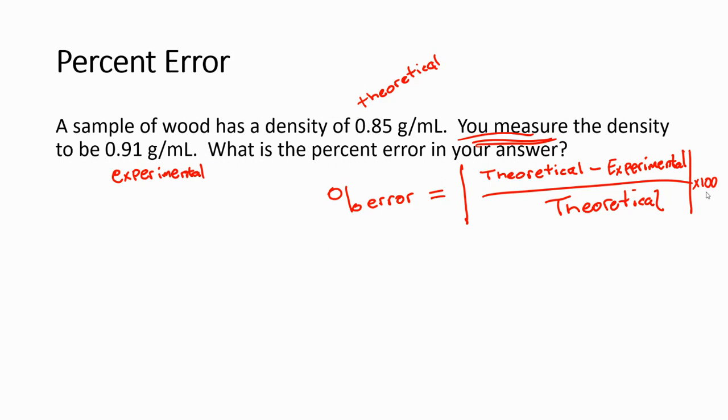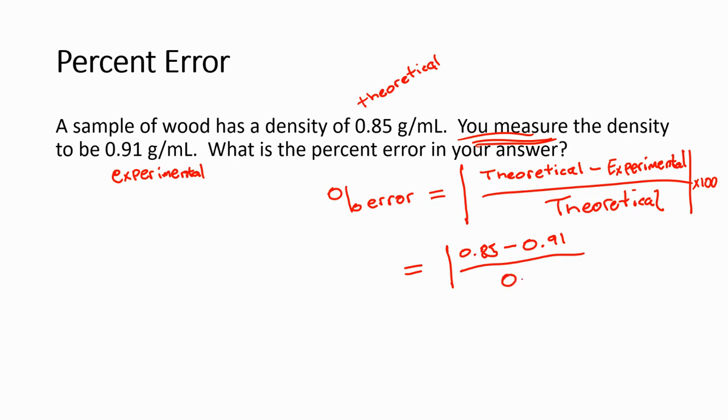So in this particular case, my theoretical value is 0.85 grams per milliliter. My units are actually going to all cancel out. I'm not going to even write them down because percent errors never have units.